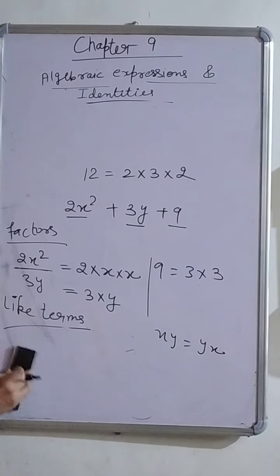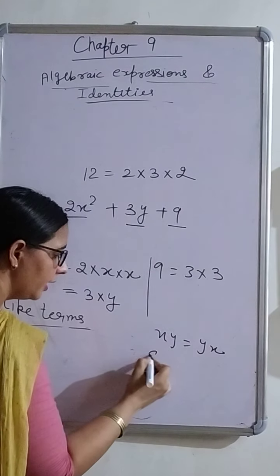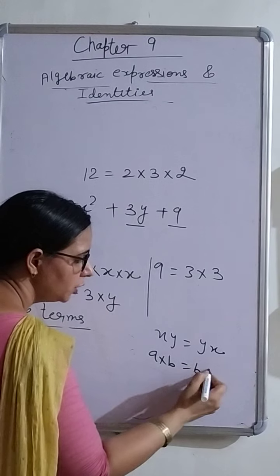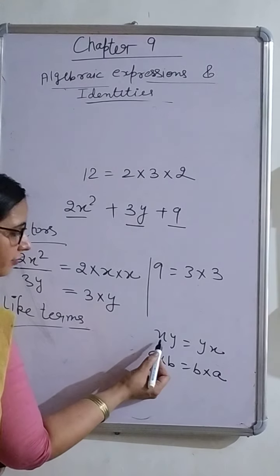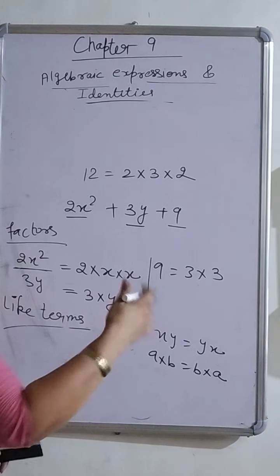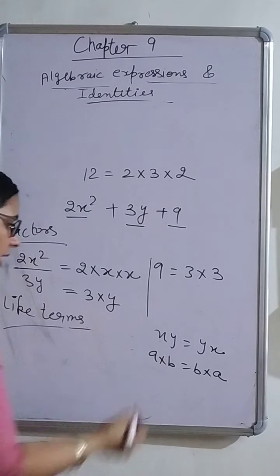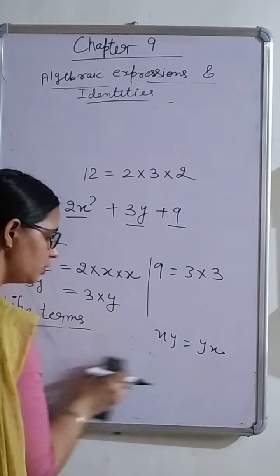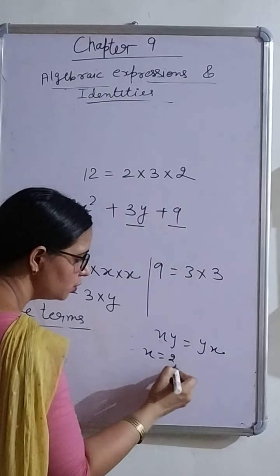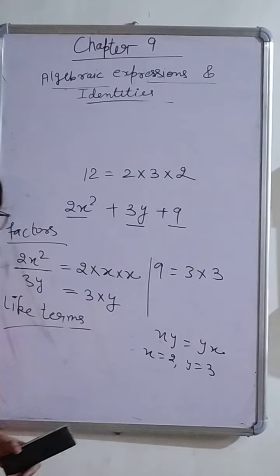Remember commutative property. What is commutative property? A into B is equal to B into A. So while we multiply x into y or y into x, both will be the same. Or you can say these x and y are variables which can have different values. Suppose I take x equal to 2 and y equal to 3.